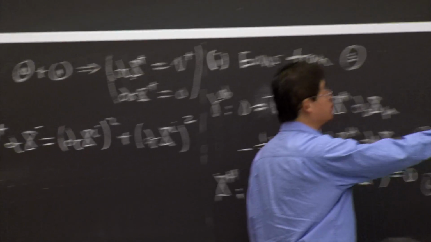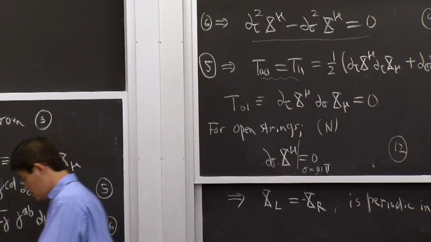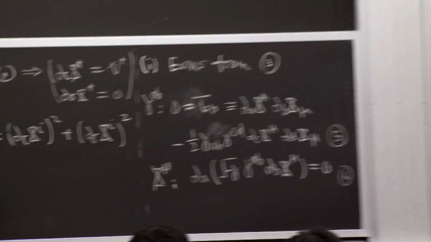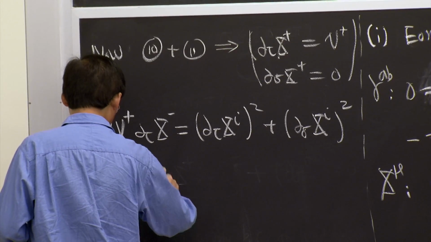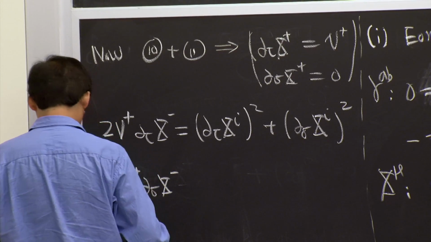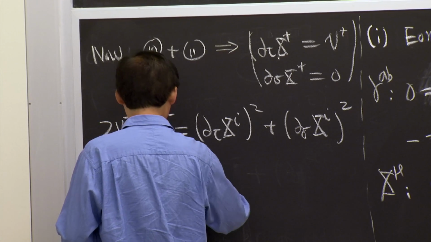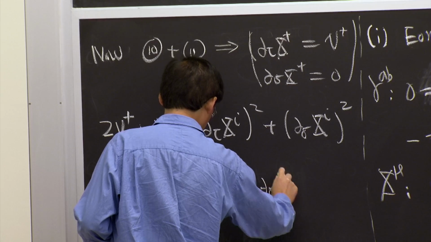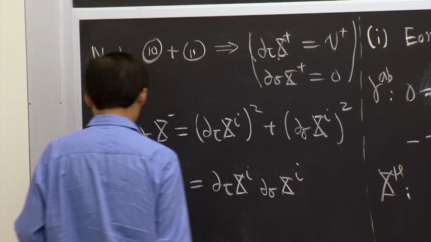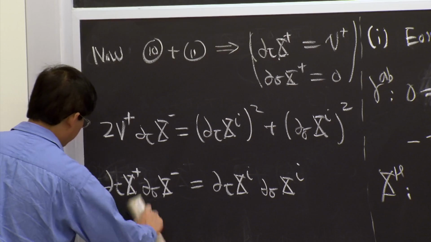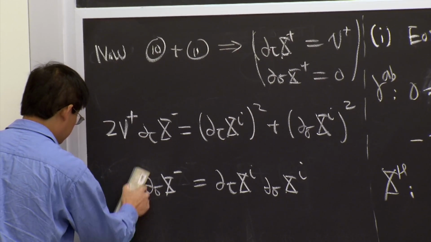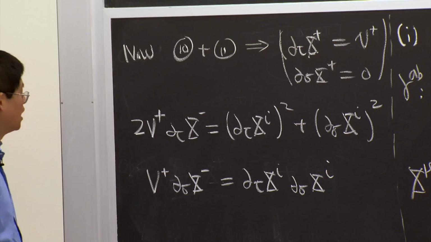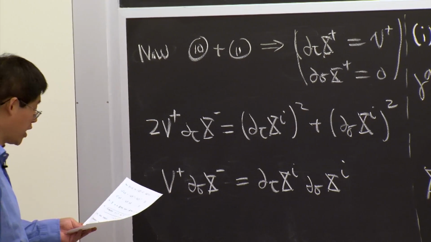So now let's look at equation 11. Okay, 11 is, so we have partial tau x plus, then partial sigma x minus, then equal to partial tau xi and partial sigma xi. And this one just gives us v plus. So those two equations become these two equations.